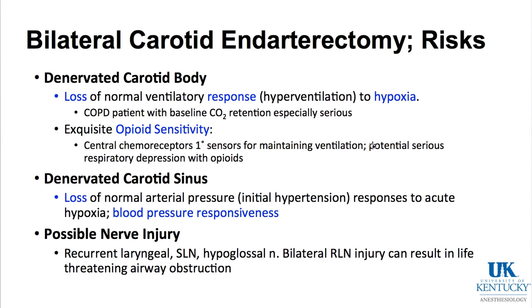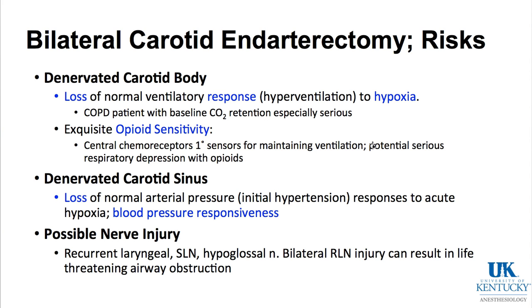And if you have a patient with bad COPD who has baseline CO2 retention and has lost some of their CO2 drive, and then you cut the innervation to the carotid body on both sides, they can lose hypoxic drive. Also, when you denervate the carotid body, patients demonstrate exquisite opioid sensitivity, and potential serious respiratory depression with opioids can occur.